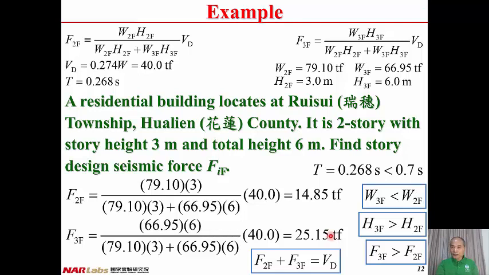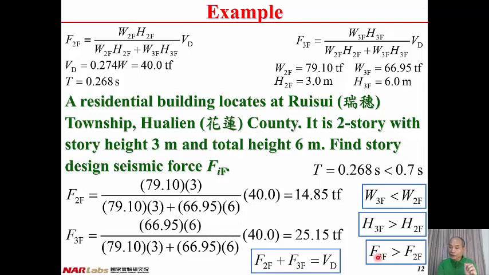In this case, W3F, the weight of the roof, is less than W2F, the weight of the second floor. Also the elevation of the roof, H3F, is larger than H2F, the elevation of the second floor. Finally, F3F, the design seismic force at the roof, is larger than the design seismic force at the second floor.